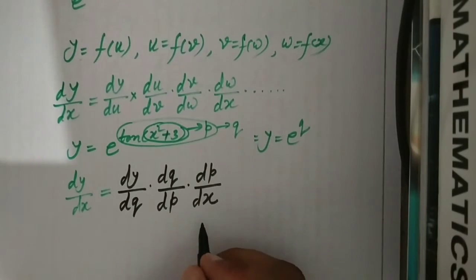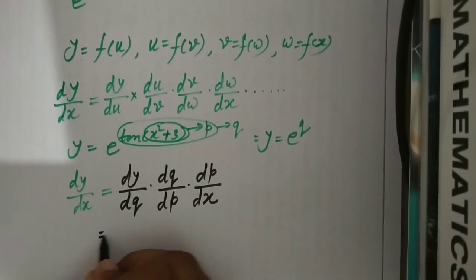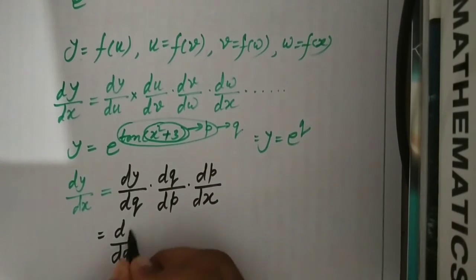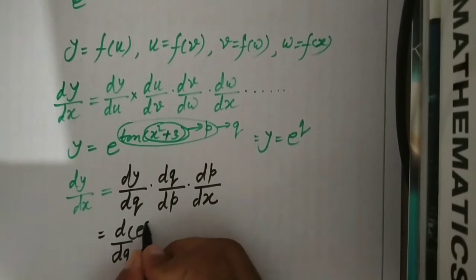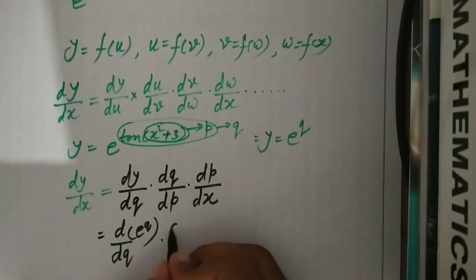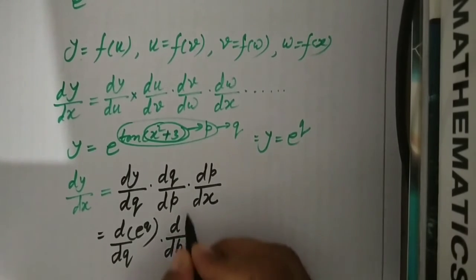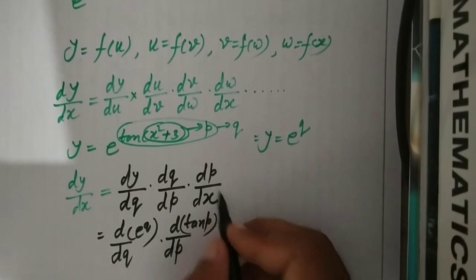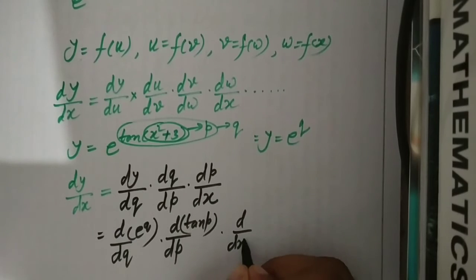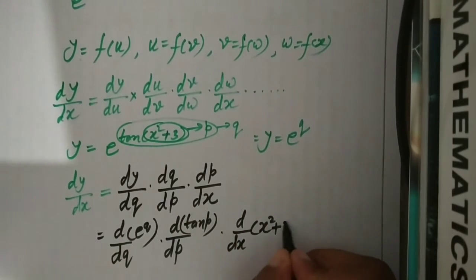So d by dq of e to the power q, d by dp of tan p, and d by dx of x squared plus 3.